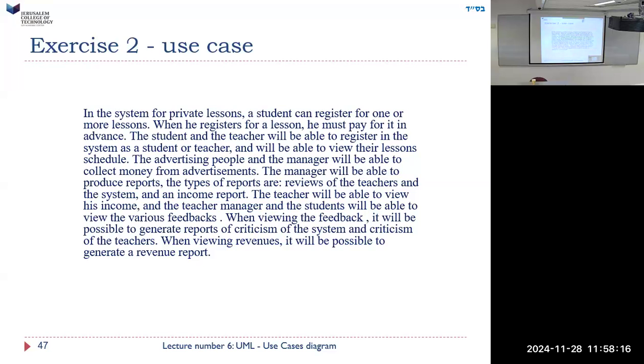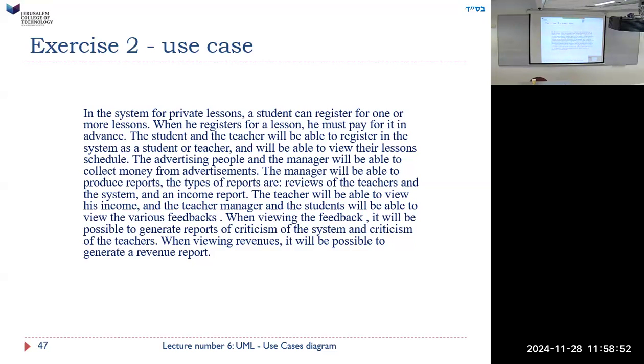Use exercise 2. In the system, proprietary, collect money from an advertisement. You spend money for an advertisement, you collect money from an advertisement.